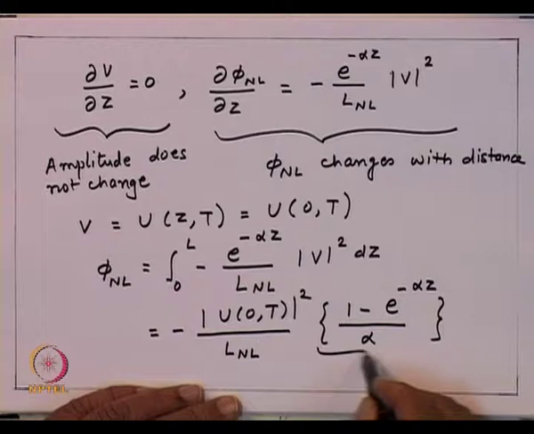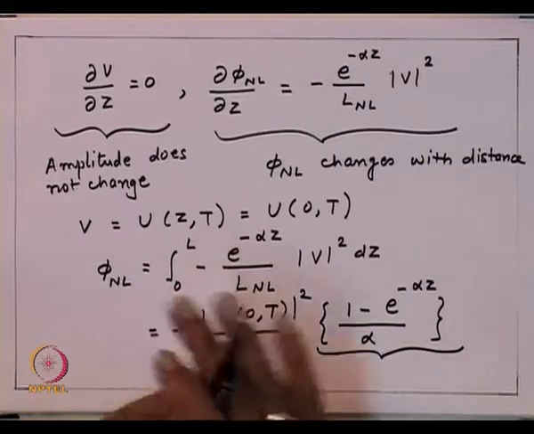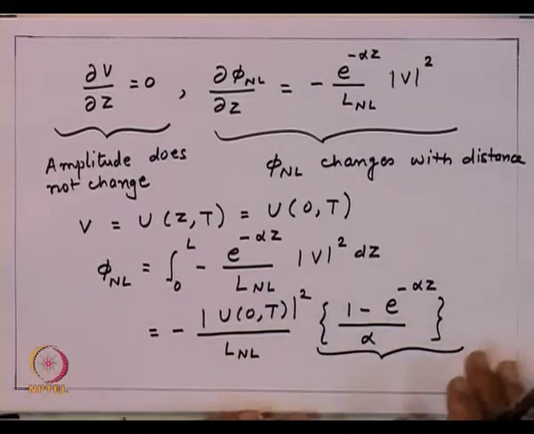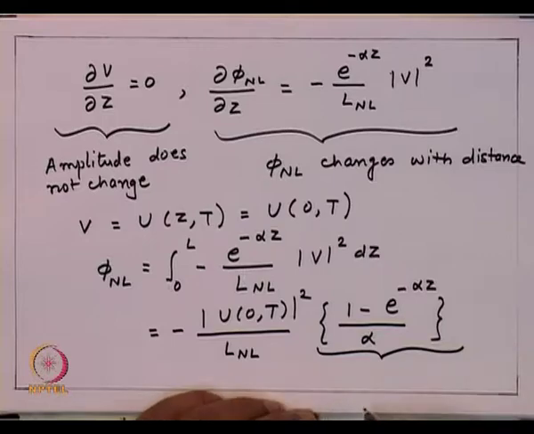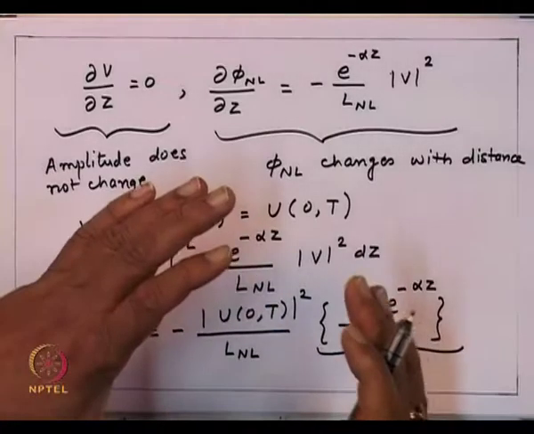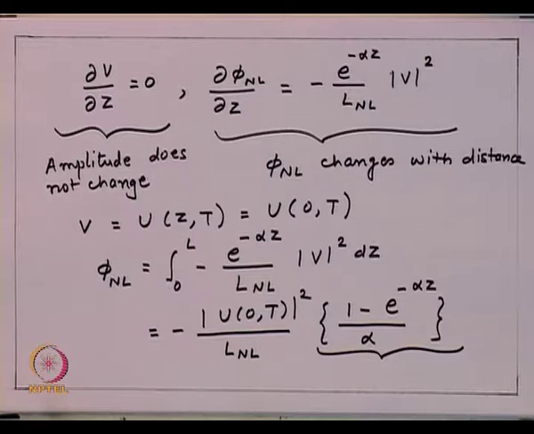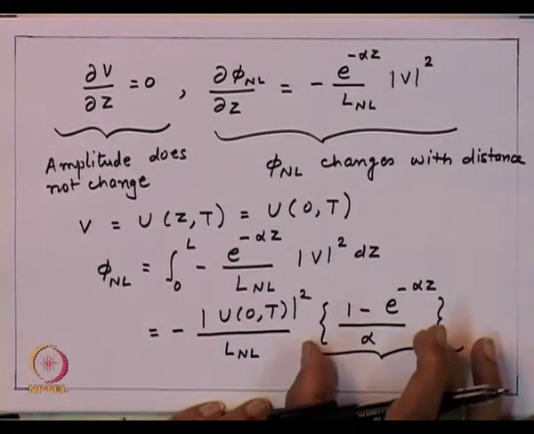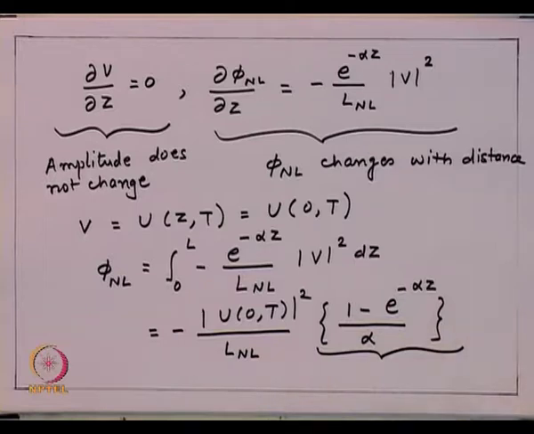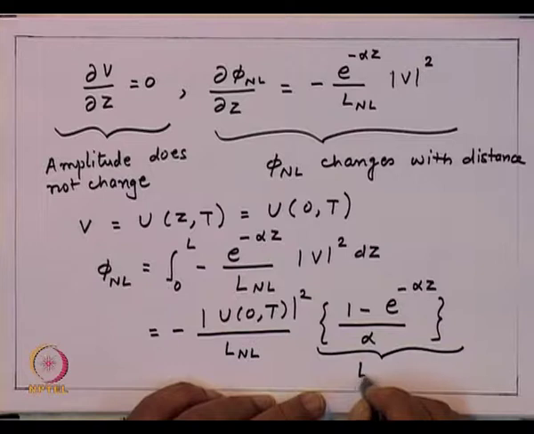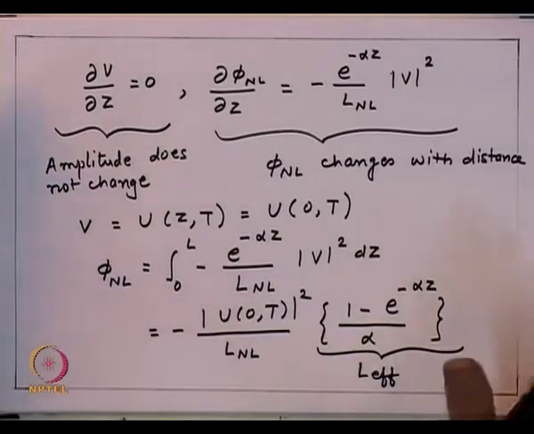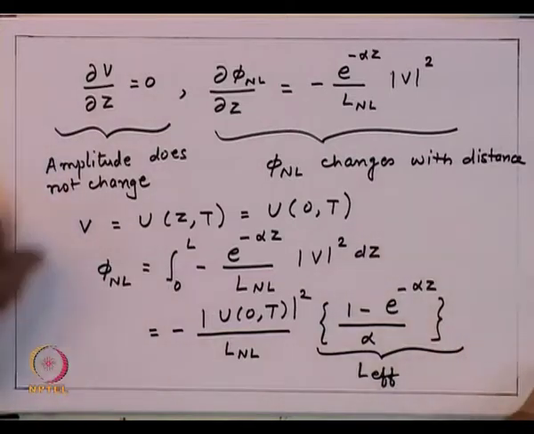This quantity is nothing but the effective length over which the power is propagating inside the optical fiber. As we know, as the power propagates on the optical fiber, the power is continuously reducing because of the loss. So, that is the approximate length over which you will have substantial power. So, this is the one which we can call as the L effective, that is the effective length at which the nonlinear effects can be seen inside the optical fiber.